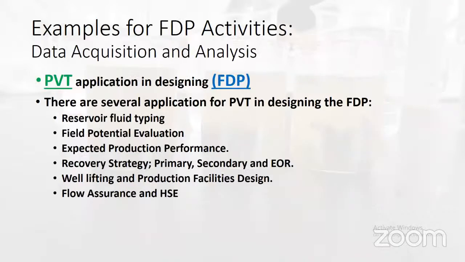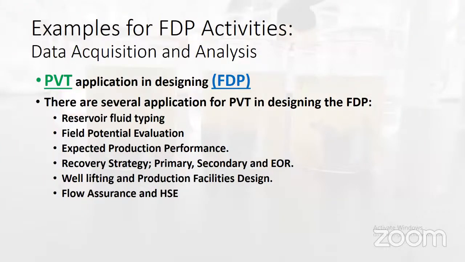An example for that is the PVT data. We have many applications for the PVT data, and actually the PVT data is a corner point for the development activities, like reservoir fluid typing. The development activities for a heavy oil field are different from the activities for volatile oil fields.